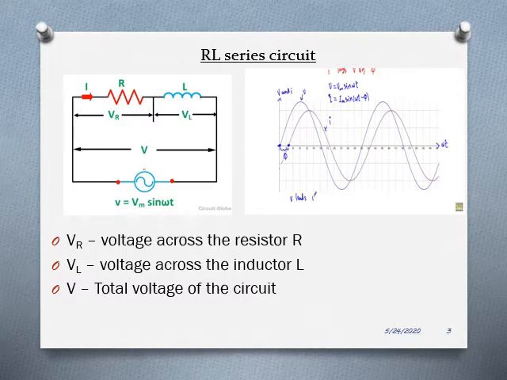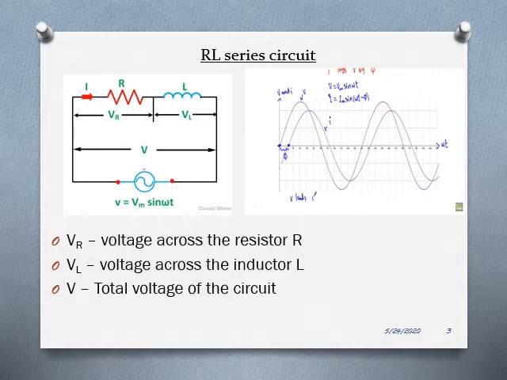But in the case of RL series circuit, the behavior of resistance and behavior of inductance is included. Therefore, the current will not start from the zero reference as in the pure resistor, and it will not lag the voltage by exact 90 degree as in pure inductive circuit.